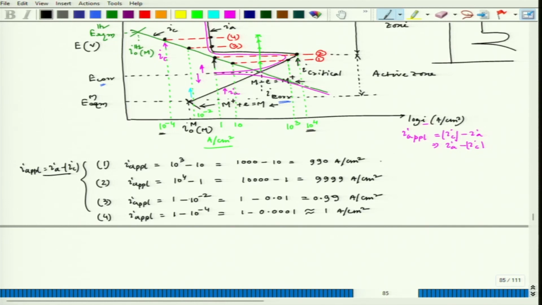Now, what will be the dissolution rate at this location, which is nothing but IA? It is 10 to the power 4 ampere per centimeter square. Here this is 10 to the power 3. At point 2 it will be 4 ampere per centimeter square. At point 3 it is 1 ampere per centimeter square.